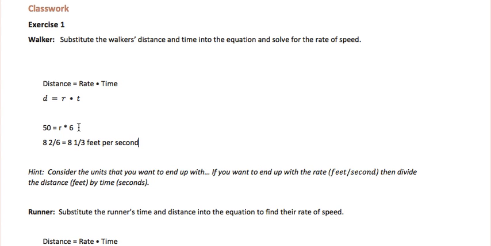It's extremely important that you label the numbers that you have. Otherwise, you won't be able to say what kind of unit this is. Feet per second. I know that because the 50 is feet, and we divided by 6 seconds, feet per second.